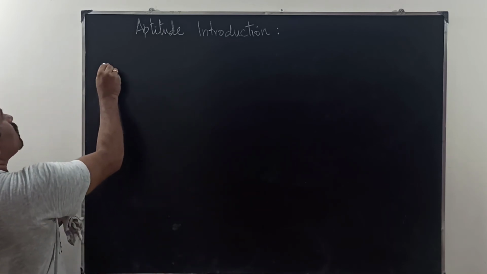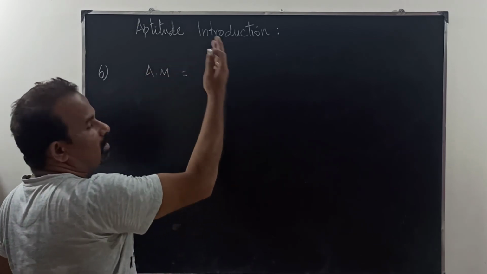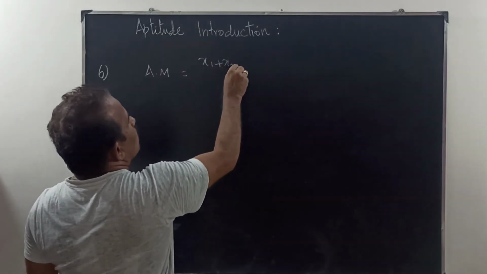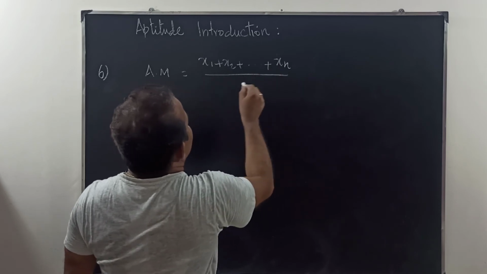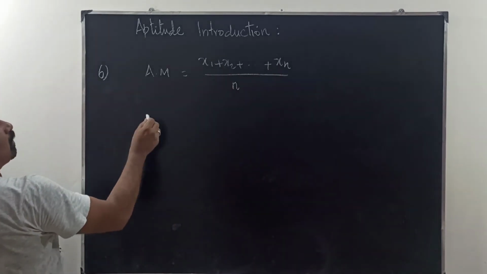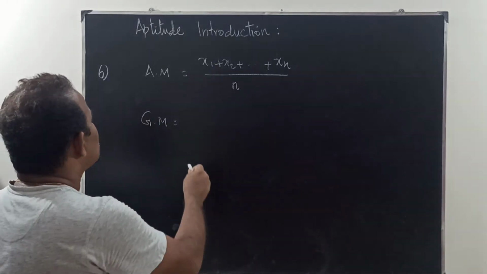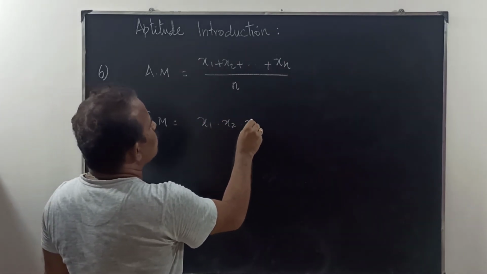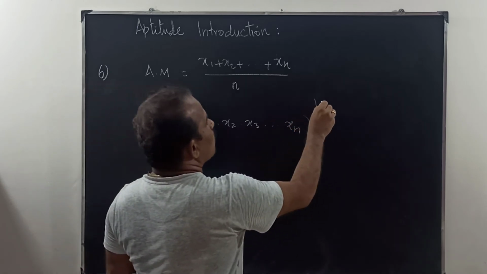Then the sixth one is arithmetic mean. Arithmetic mean of n observations, x1 plus x2 plus etc. plus xn, the sum of all observations divided by n. Geometric mean is equal to x1 into x2 into x3 etc. into xn, the whole power 1 by n.